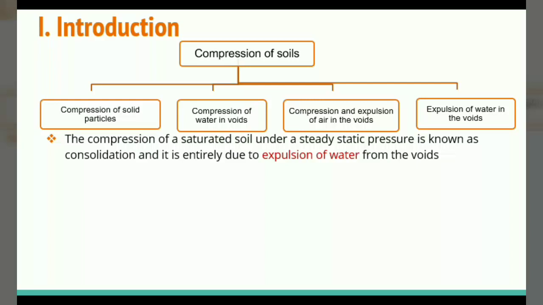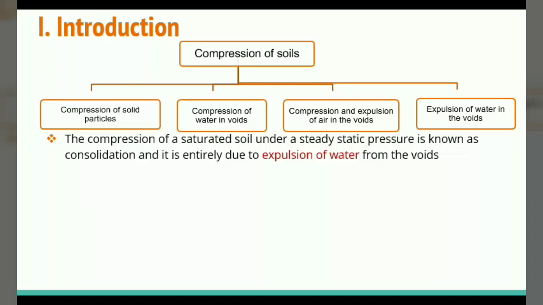So during the consolidation, or we can say during the expulsion of water from the voids, the solid particles shift from one position to another by rolling and sliding. And that's why it is a closer packing.